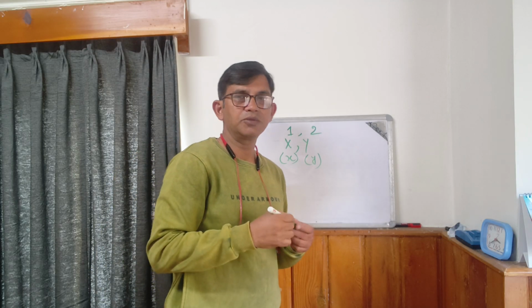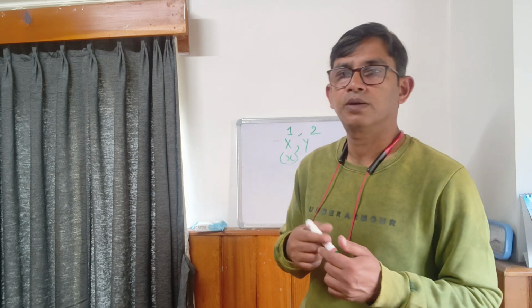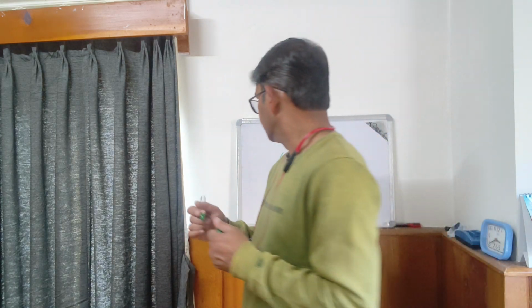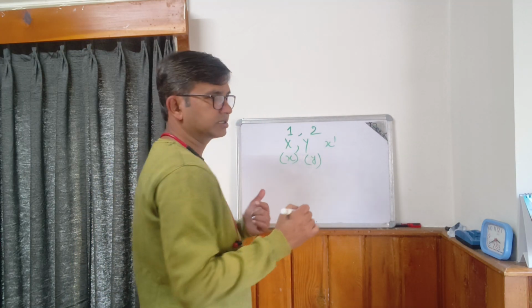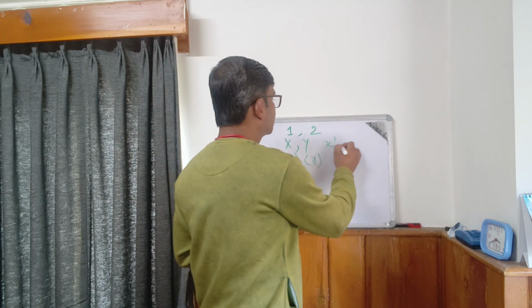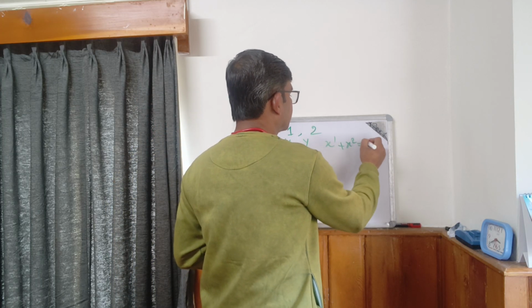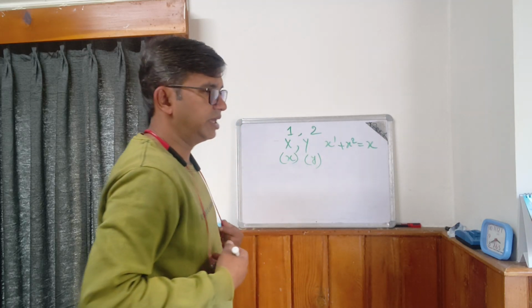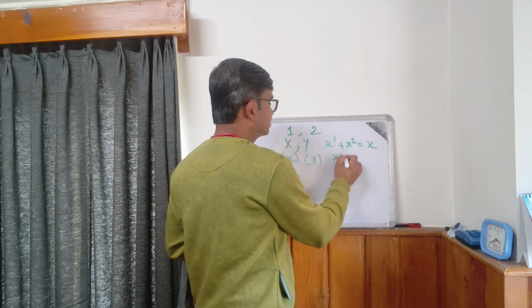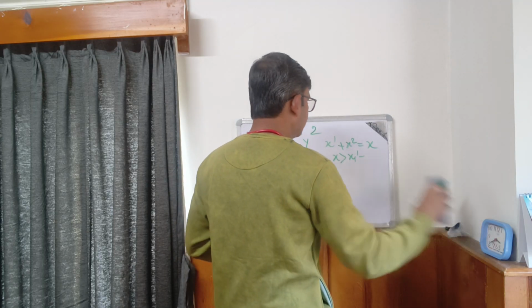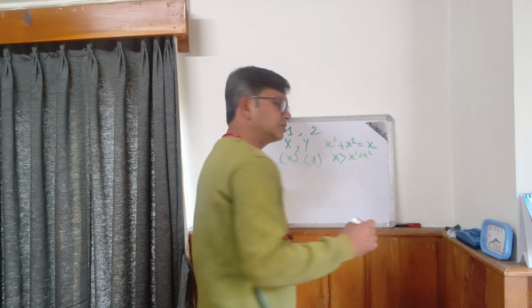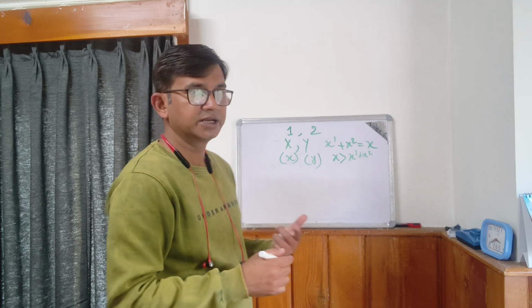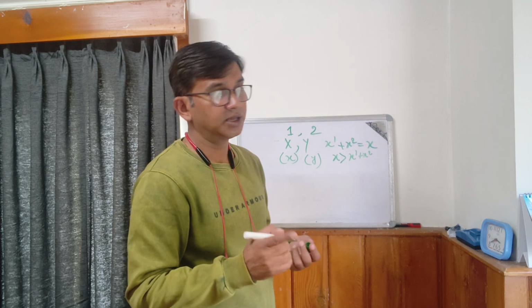So Pareto optimality means a situation in which you cannot think of any kind of Pareto improvement. So the necessary condition is that if X1 is the consumption of X by consumer 1 plus X2, that should be equal to total production of X. If X is greater than X1 plus X2, that means the consumption of one person can increase without reducing the consumption of the other person.